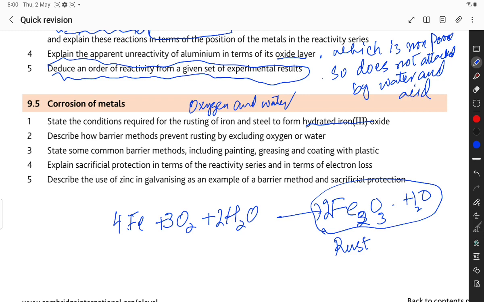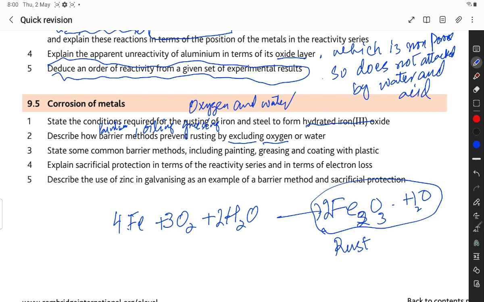Describe how barrier methods prevent rusting by excluding oxygen or water: using paint, oiling and greasing. These prevent the iron from rusting.